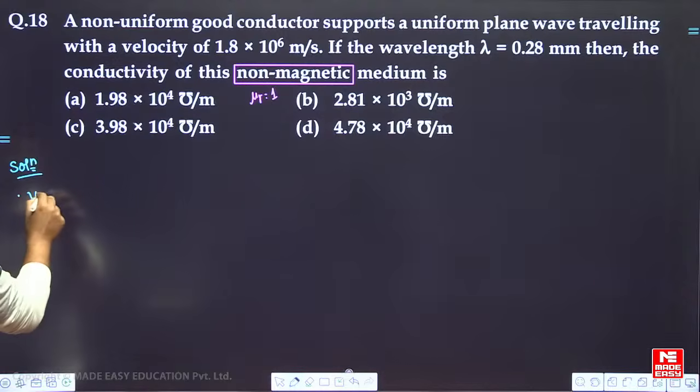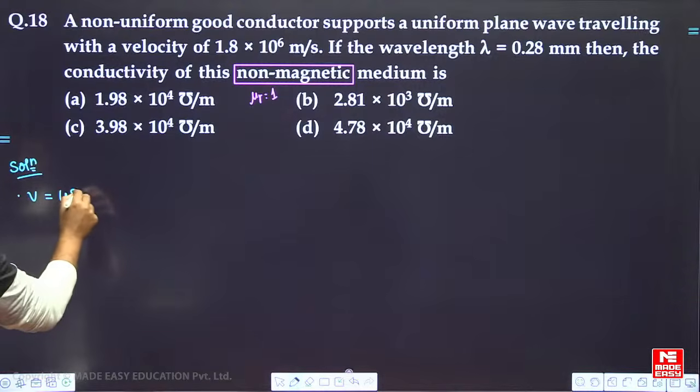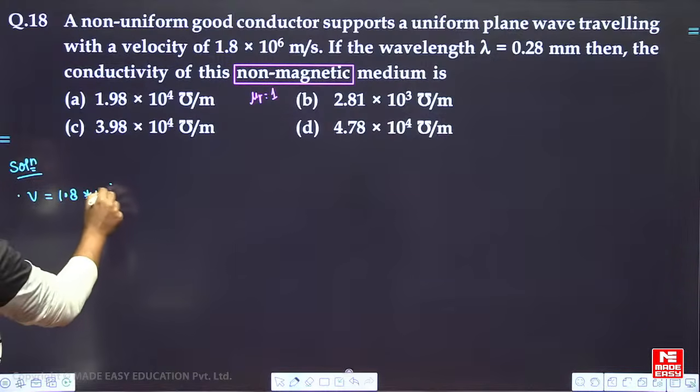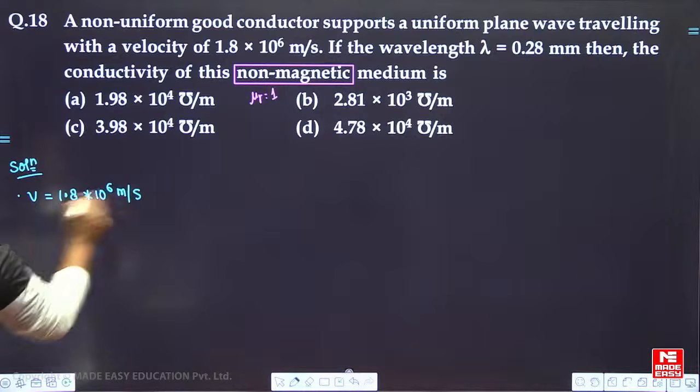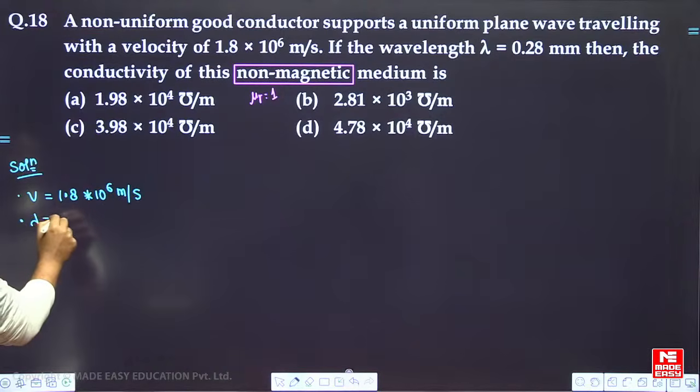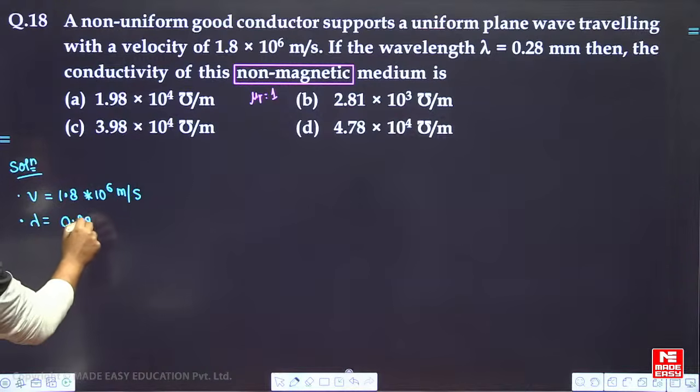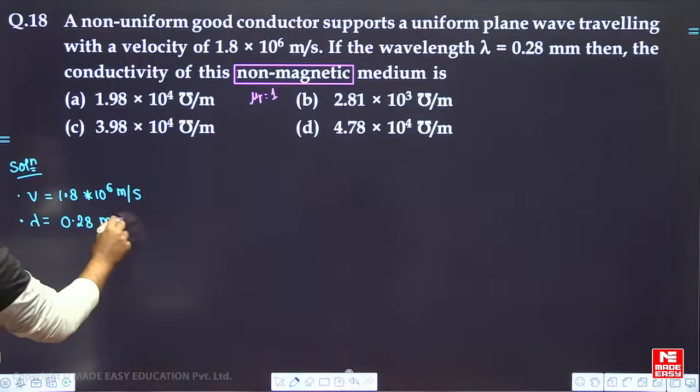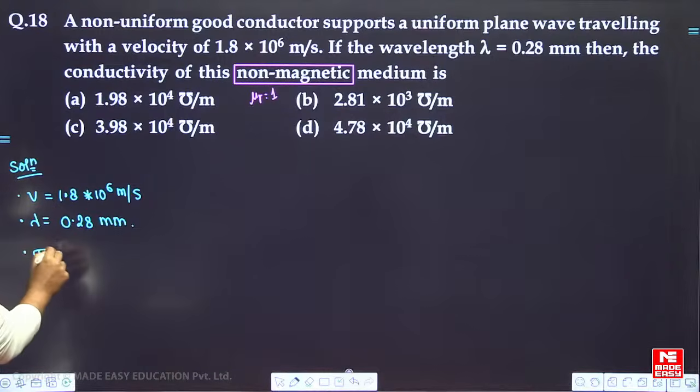Velocity is given as 1.8 into 10 to the power 6 meter per second, and lambda is given as 0.28 mm. They are asking what should be the conductivity of the conductor. Non-magnetic. Fine. So can I get the frequency?